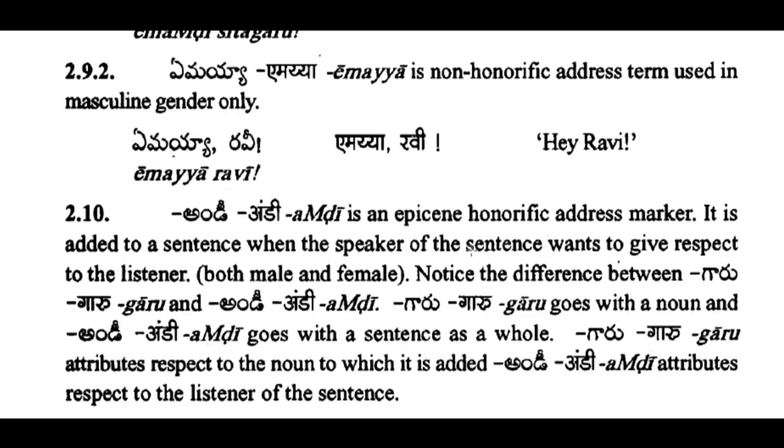For Avunu also, because it's a reply and almost the end of the sentence, we can say Avunandi. But there is no need to use Andi again in the next sentence. Once you use Avunandi, for the next sentence, you can skip. Avunandi, Kanipistundi. Yes, it appears.